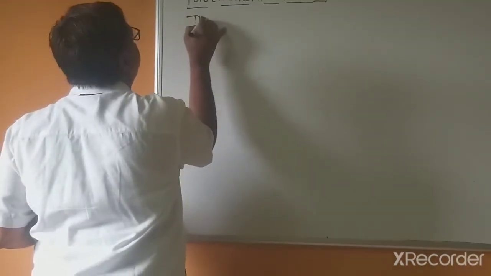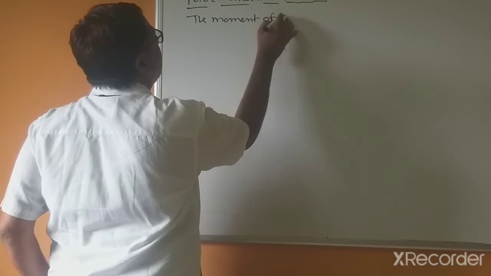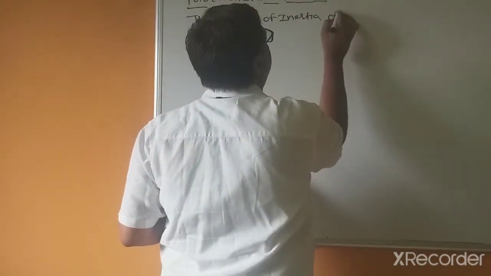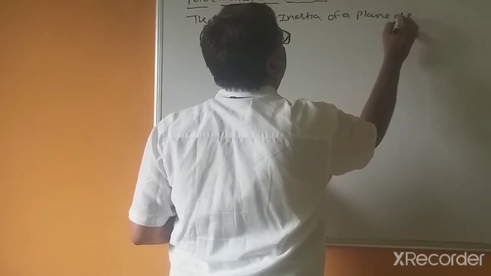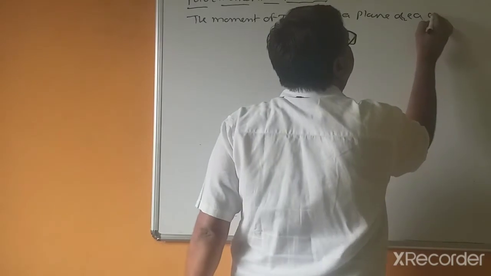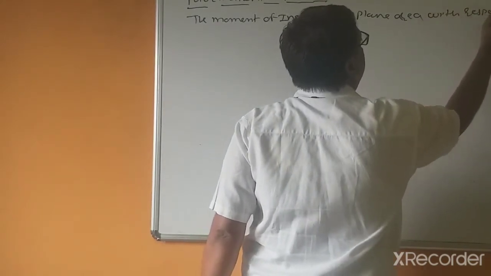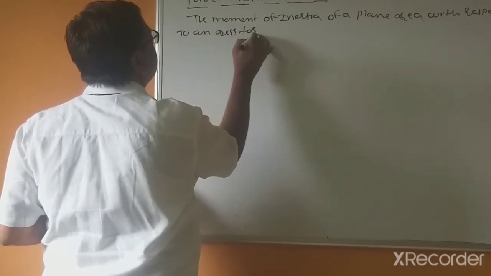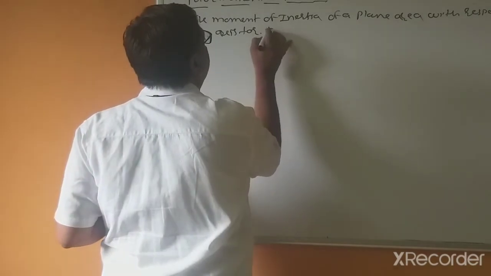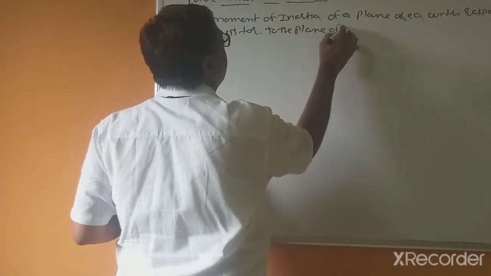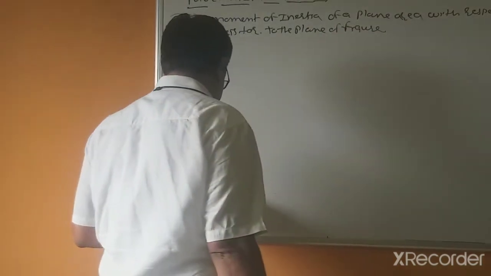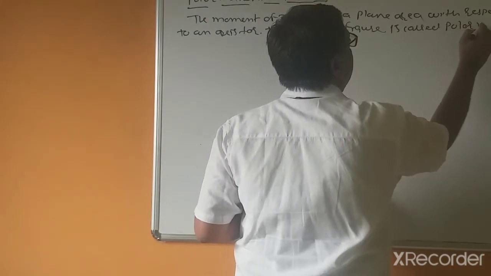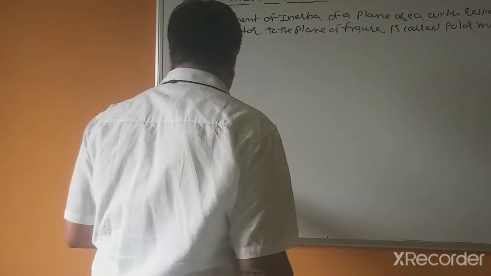So the moment of inertia of a plane area with respect to an axis perpendicular to the plane of figure is called polar moment of inertia.